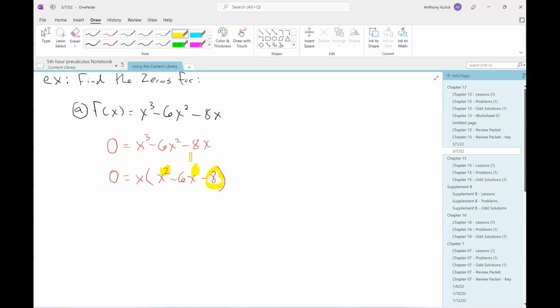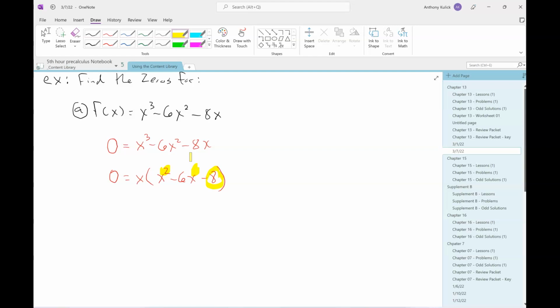So since it's in the quadratic form, we can factor it like a quadratic. There's 2 different ways that we use to factor quadratics, depending on whether the leading coefficient is 1 or something else. In this case, what's the leading coefficient on our quadratic? 1. That's good news for us, because that is the easier way to do it.